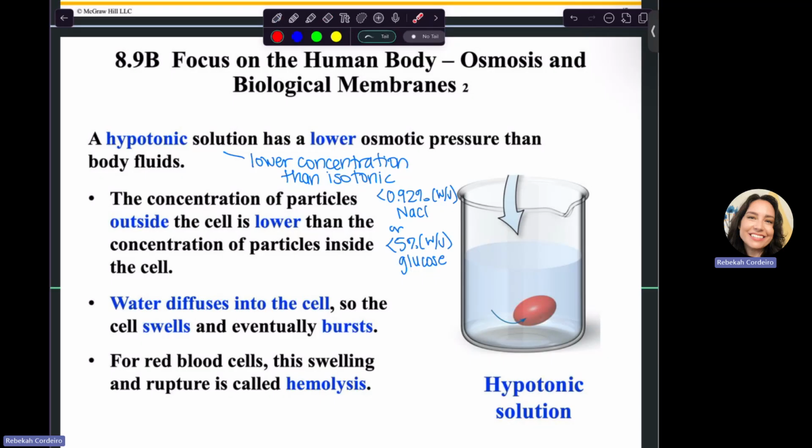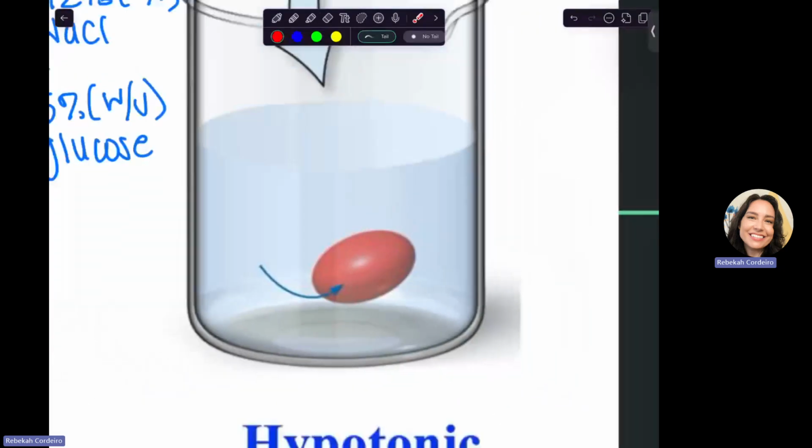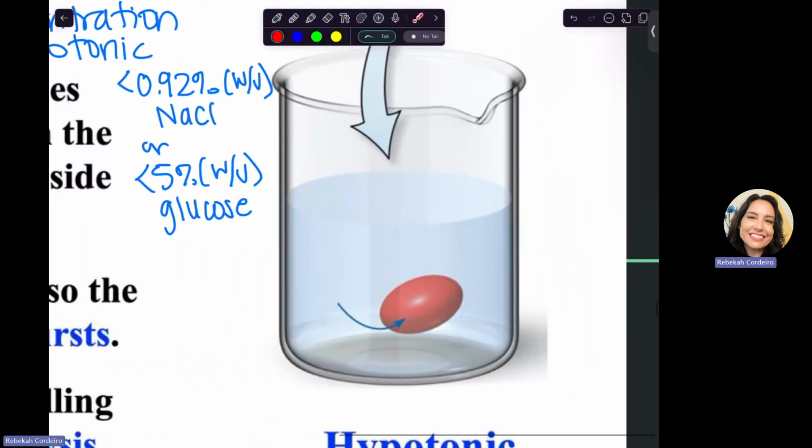What happens with hypotonic is that if, let's say, inside the cell is 0.92% sodium chloride and outside the cell is 0.5% sodium chloride, water wants to flow toward the higher concentrated area. So water is going to be like, oh, there's a party inside here. All the sodium chloride is in here.